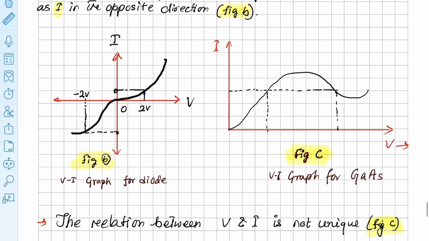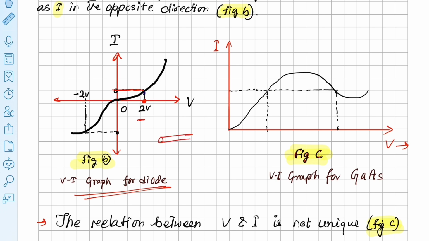Similarly, the next point: here you see, this is the VI graph for a diode. In the positive direction, suppose at a particular voltage, say 2 V, this is the current you have got.